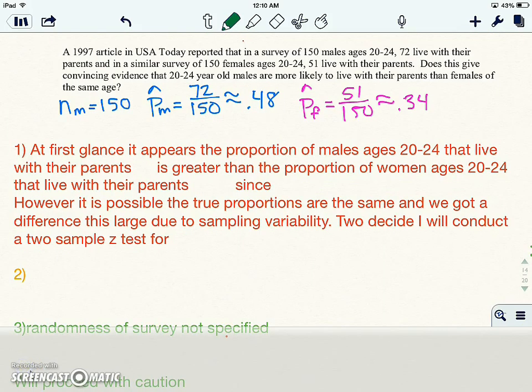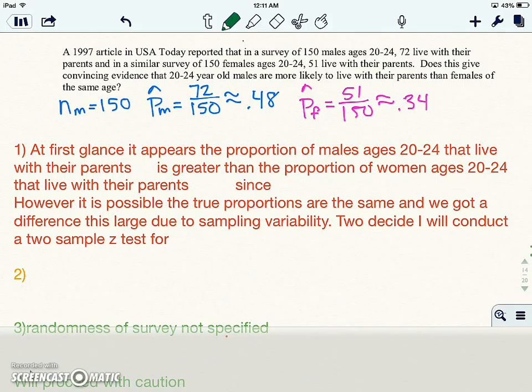Here's the last example. In a 1997 article in USA Today, they reported that in a survey of 150 males aged 20 to 24, 72 live with their parents, and in a similar survey of 150 females aged 20 to 24, 51 live with their parents. And the question is, does this give convincing evidence that 20 to 24-year-old males are more likely to live with their parents than females of the same age?